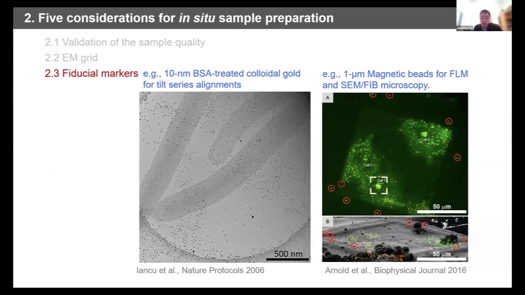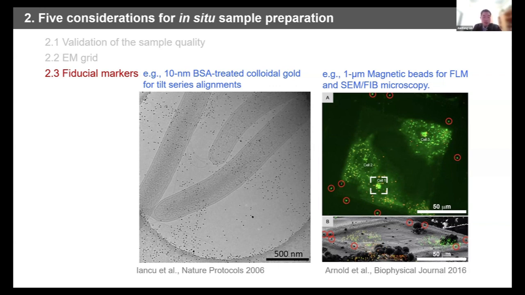Another consideration I would like to highlight is fiducial markers. Even if you use a single particle method to study your in-situ sample, like the work Professor Yang mentioned this morning, if you do electron tomography, fiducial markers are still important. When you tilt the sample to different degrees, the signal to noise ratio of each tilt image is really low.